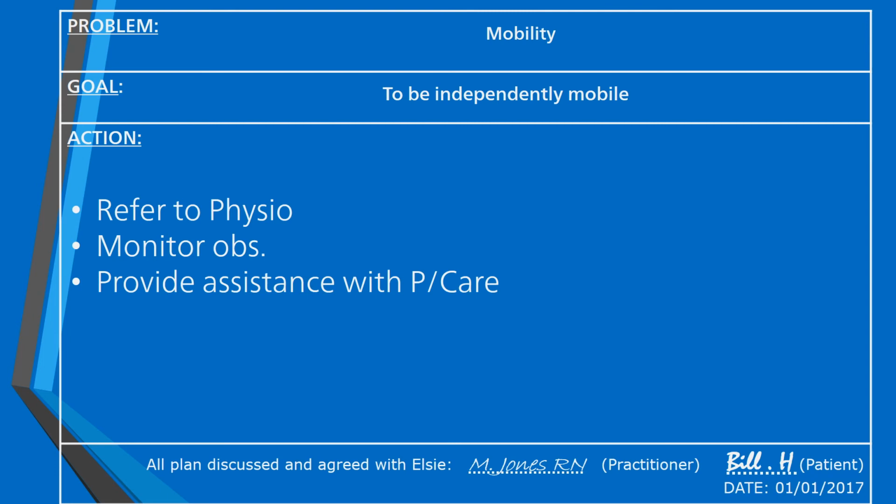Goal, to be independently mobile. That's two generalised terms. It doesn't really tell us a lot. How will we know when we have achieved that goal? Actions. Lots of abbreviated terms. Physio, OBS, P-care. Is that pressure area care or personal care?